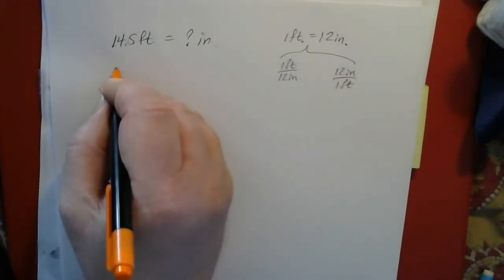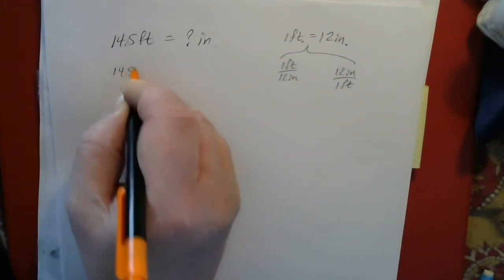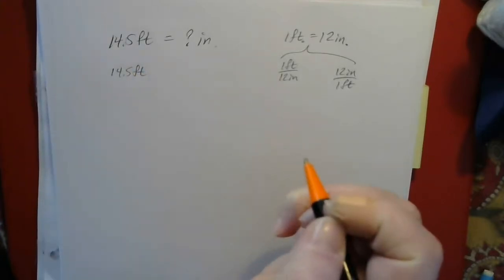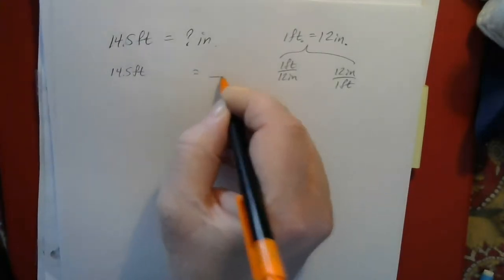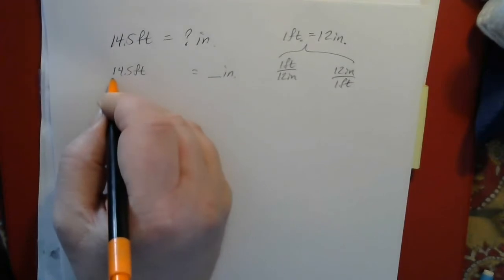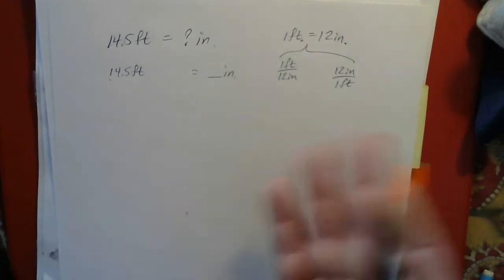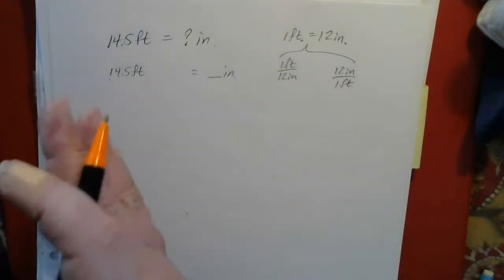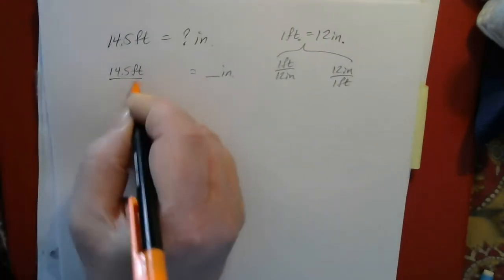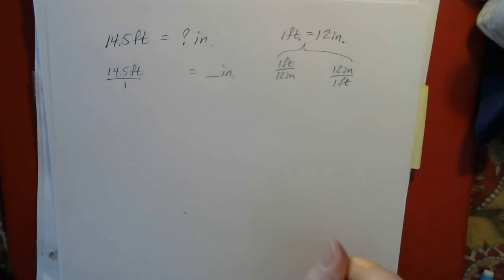So looking at the units, if we have 14.5 feet, and that's what we're given, and we want something in inches, well, 14.5 feet is just a measurement. And it's a simple measurement. And so that's equivalent to basically the numerator. You can think of any number as being itself over 1.